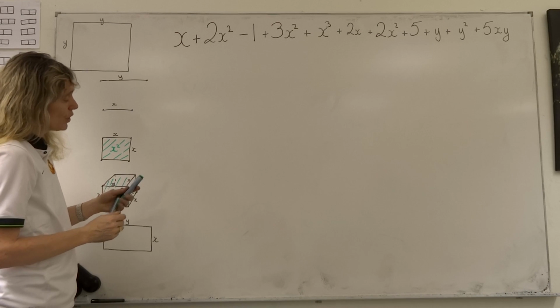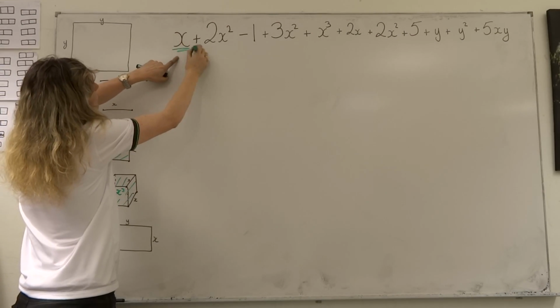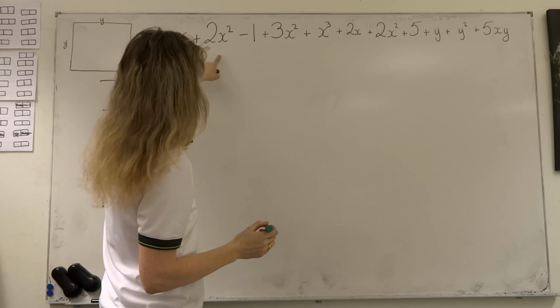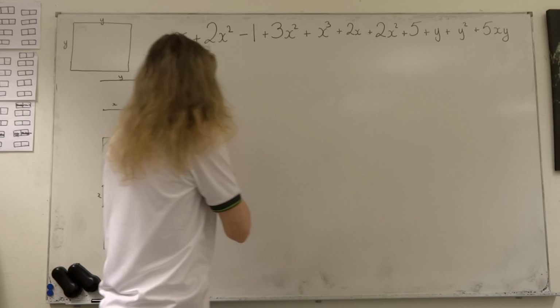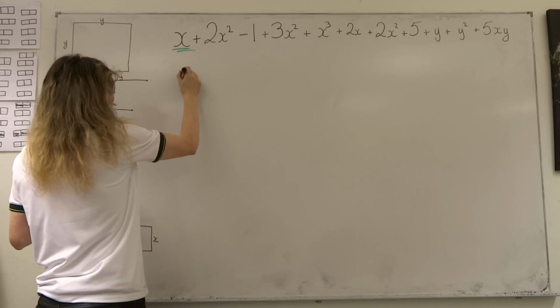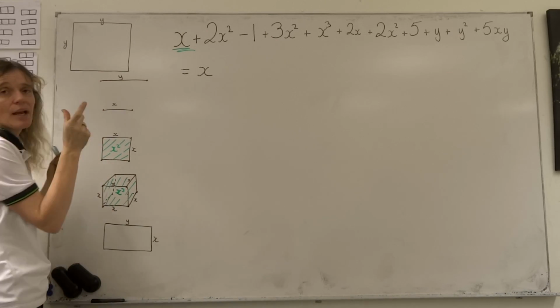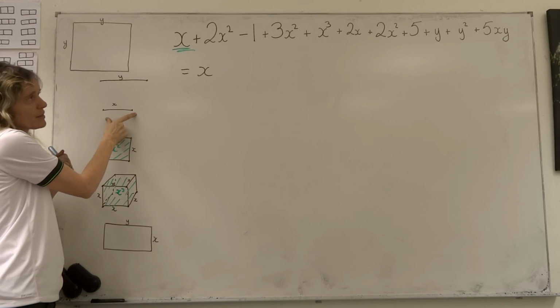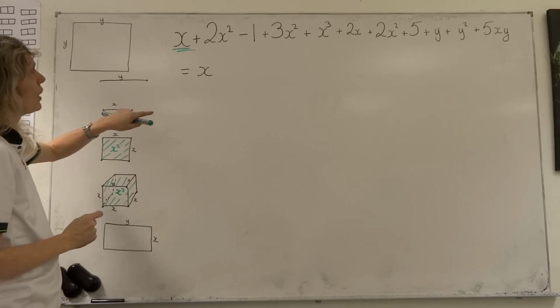So if I was going to look here and identify my x terms, here I have an x, and is there anywhere else I have an x by itself? No. So my simplified form of this equation would have 1x. It would have one length dimension of length x. I can have a look in this expression and say, do I have any more length directions?